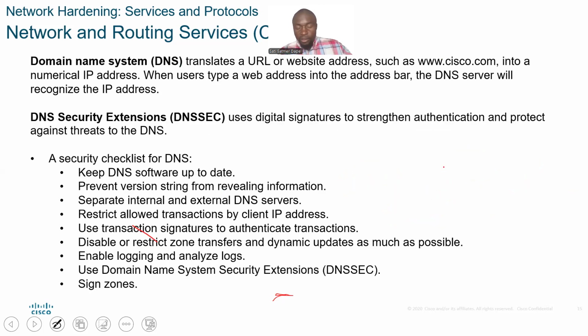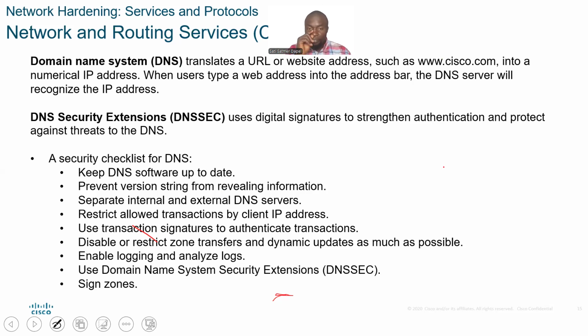All right, so DHCP is a service. Remember, we're looking at network services and routing protocols. Another service is the DNS. DNS, like we said, is the domain name system. What it does is translate your URL, website or domain name to the corresponding IP address.